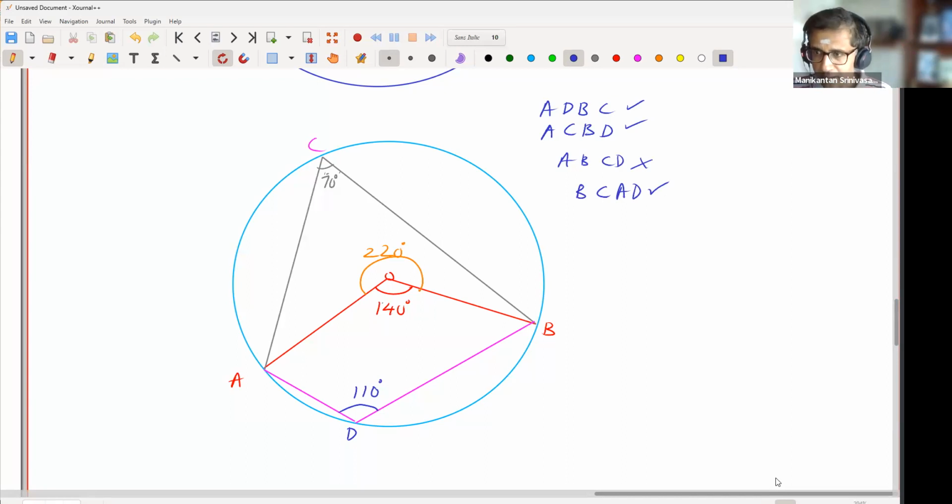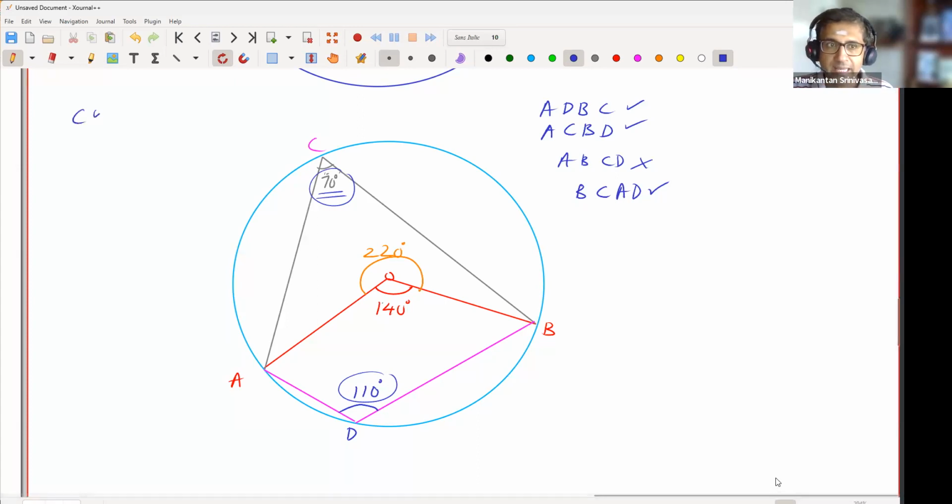Right. So the angles at the center add up to 360. And therefore, angles at the corners, being half of them, will add up to 180. And that's exactly what you're seeing. 70 and 110 add up to 180. Does it make sense? And such a quadrilateral, which is snugly fitting inside a circle, is called a cyclic quadrilateral.